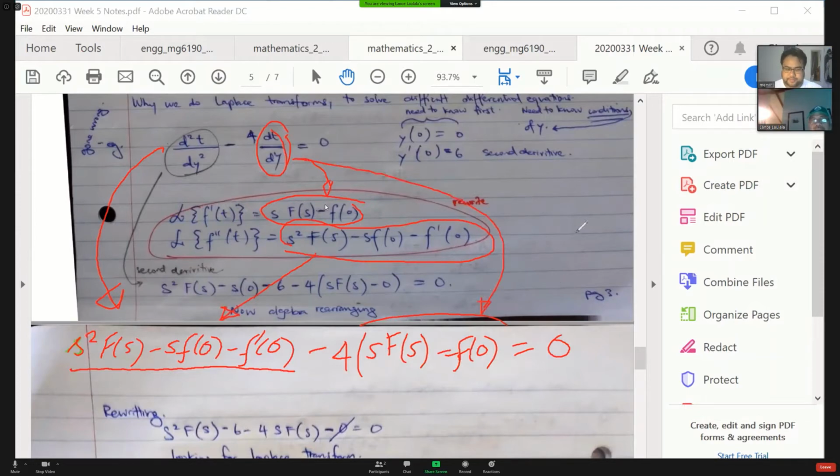And all I've done is substitute, because this is just f dash. And this here is just f double dash, isn't it? And the Laplace of the first derivative, I'm putting it down here. And the Laplace of a double derivative is s squared and all that. The first thing that I underline. So all I've done is substitute this from your differential equation.